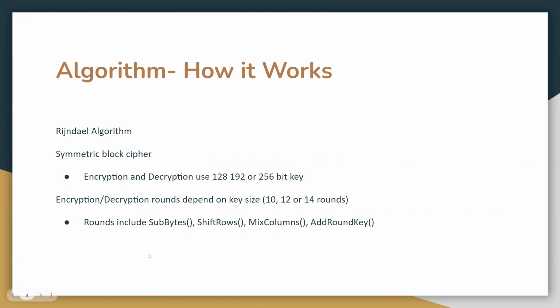Lastly, I'll talk about how the algorithm itself works. The AES algorithm was adopted in 2001 after a long review process. It's based off of the Rijndael algorithm, which is a symmetric block cipher. That means that the same key used to encrypt data as it comes in is also used to decrypt data on the back end.